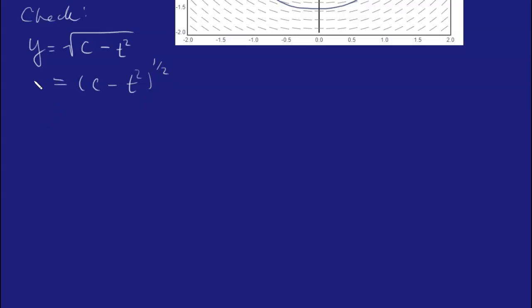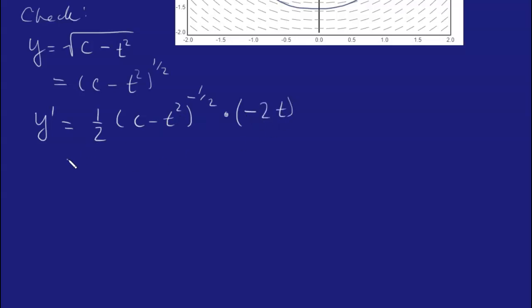So if this is my y, then to take the derivative, y prime, the 1/2 comes down, and we're left with c minus t squared to the negative 1/2, subtracting off 1. But here we have a chain rule, so we also need to multiply by the derivative of what's inside. That c is a constant, so we ignore that. We just have negative t squared, which gives you negative 2t.